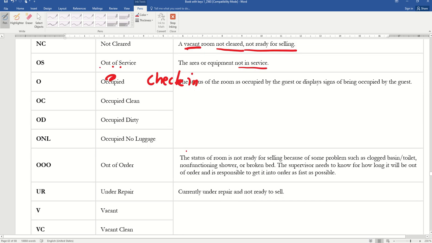Occupy clean, occupy dirty. This can be assumed that there is a guest and the housekeeper already cleaned the room.